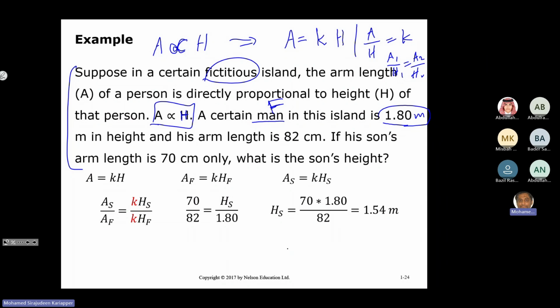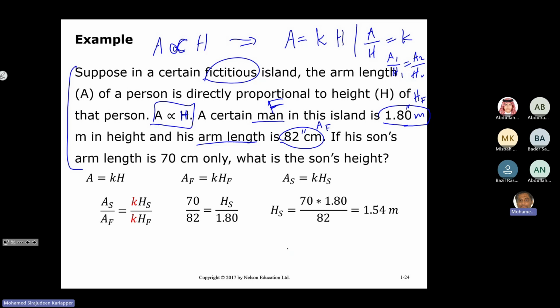So I will say this is the H of the father. And his arm length, A of the father, is equal to 82 centimeters.